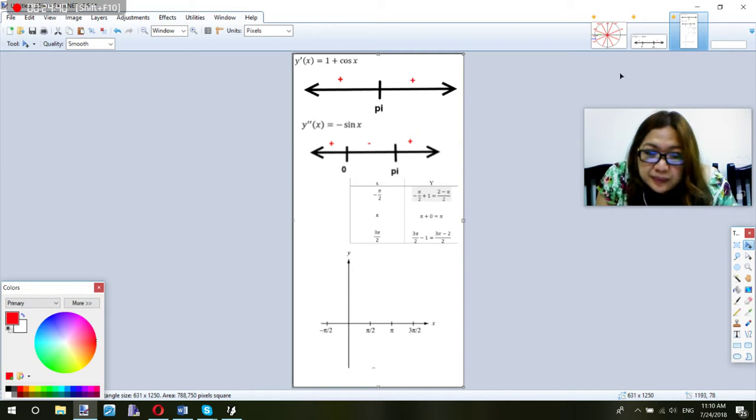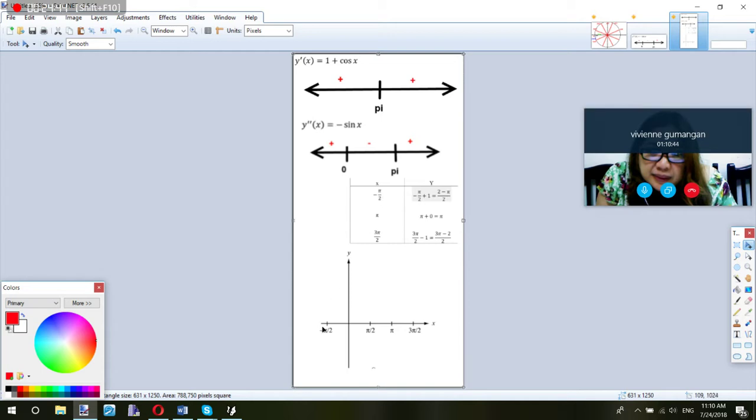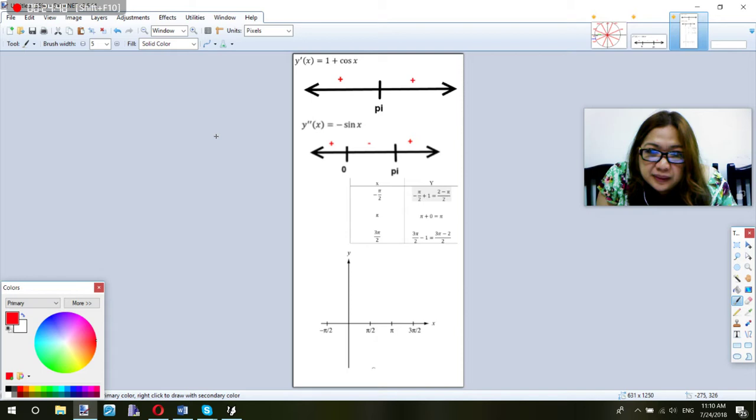Starting with the points that we know, when x is negative pi halves, our y value is negative, so I'll be somewhere out here. When x is pi, my value is pi.